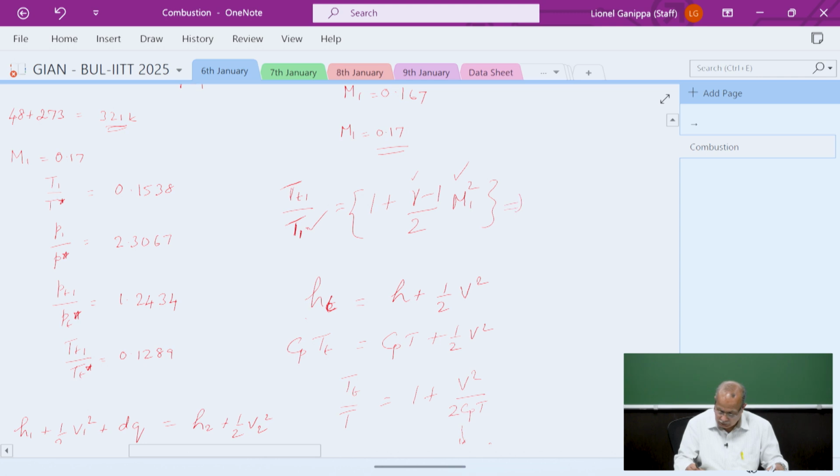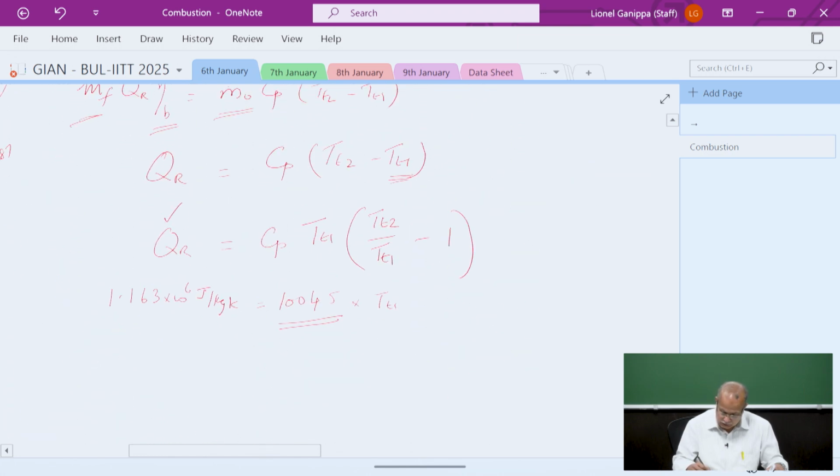So you can find the value for TT1, 322.8 K. So now you can substitute this value here, 322.8 K, and then you end up with TT2 by TT1 minus 1.